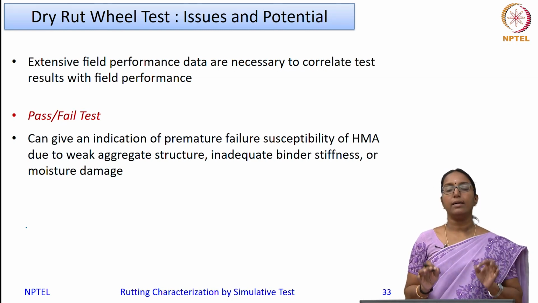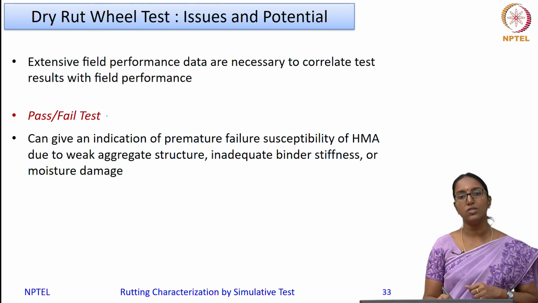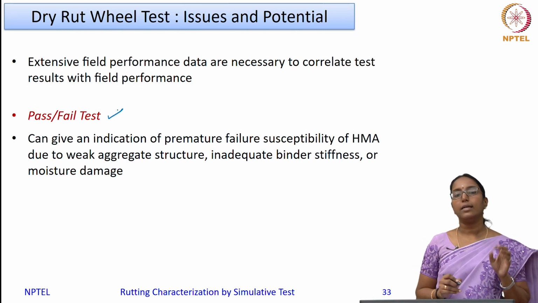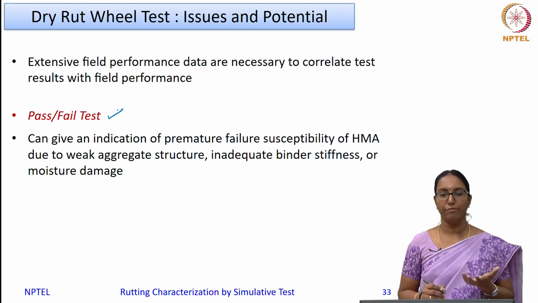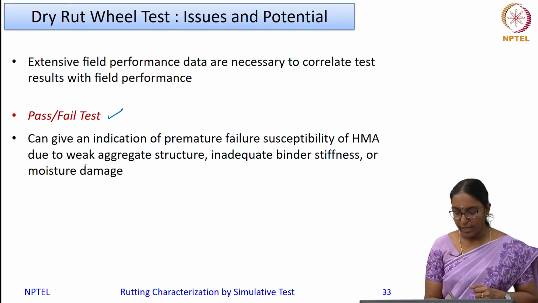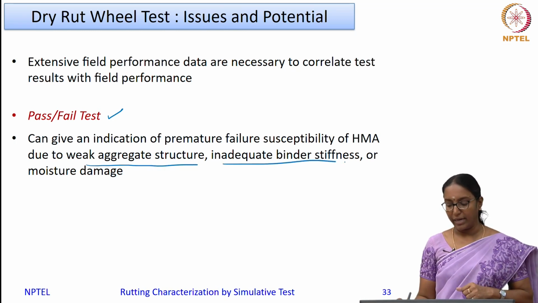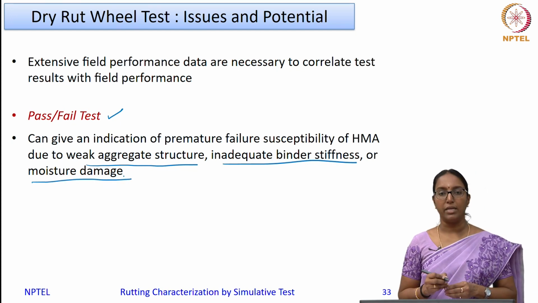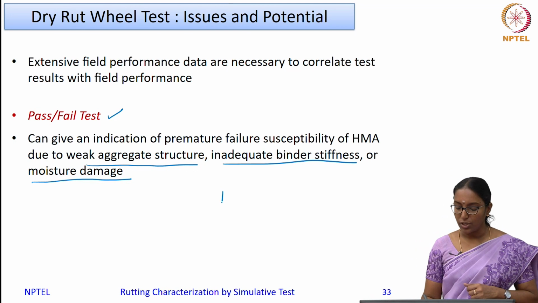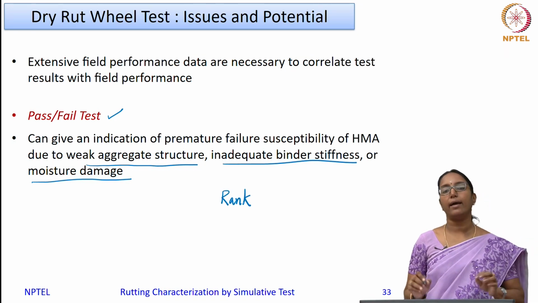But the main advantage of a simulative test like this is that it is essentially a pass-fail test, and it can give you an indication of whether there are chances of premature failure of the material due to aspects such as a weak aggregate structure, inadequate binder stiffness or moisture damage. Such information can be obtained, and essentially it is a tool that can be used to rank different materials.